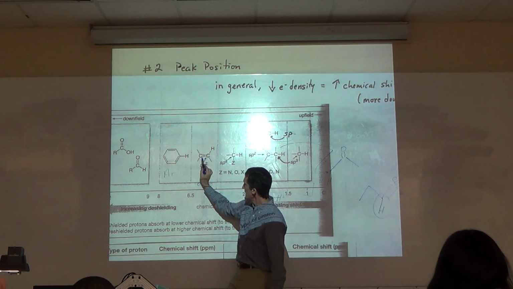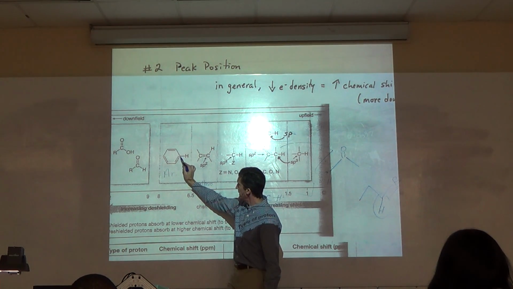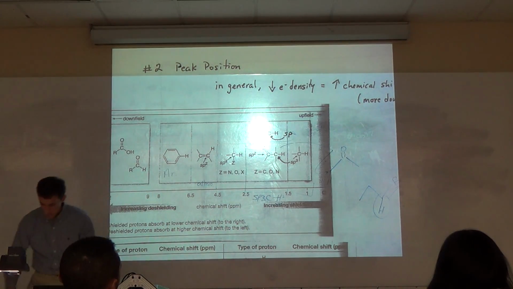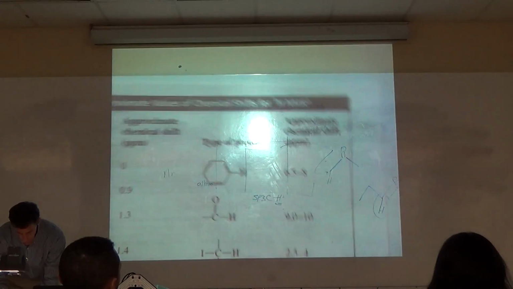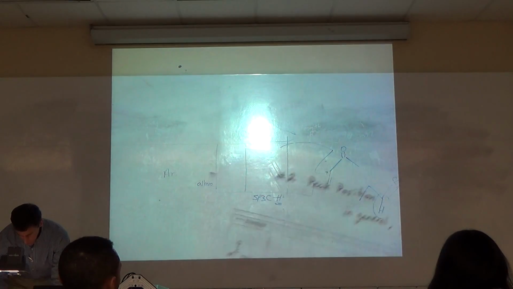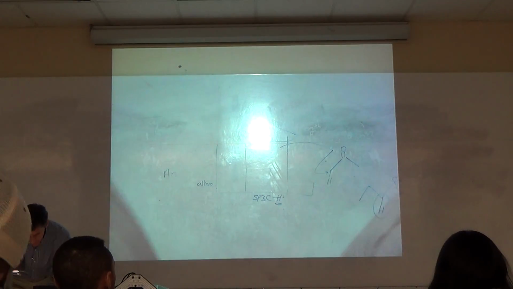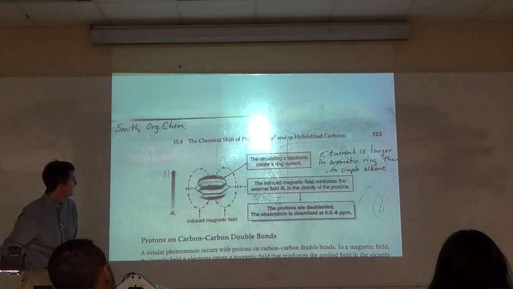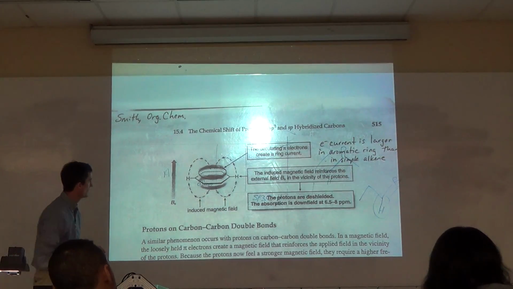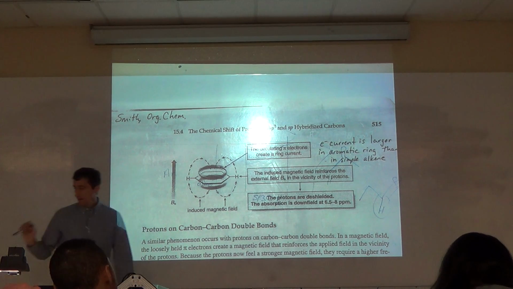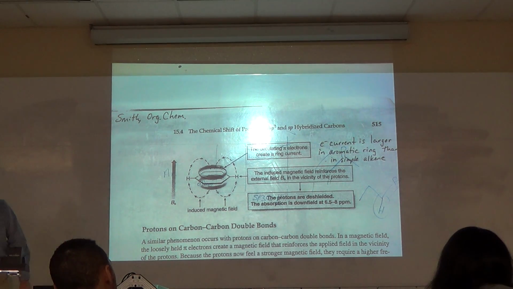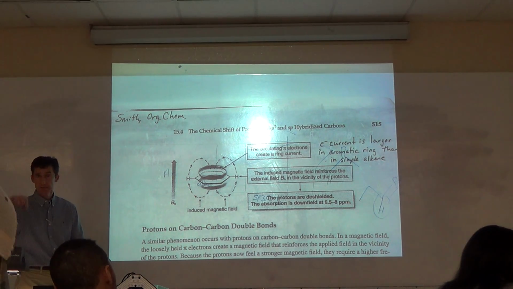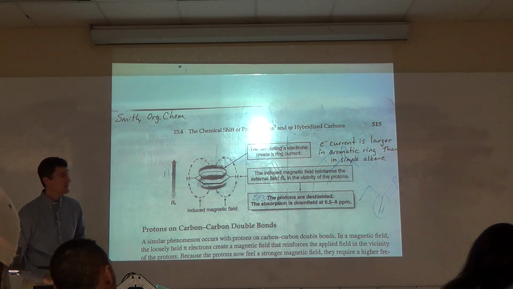First off, why is the aromatic CH more downfield than the alkene? If we flip over here, we can see things that look like this. The aromatic has a very large amount of electron density because it's an aromatic system, an electron pi system.